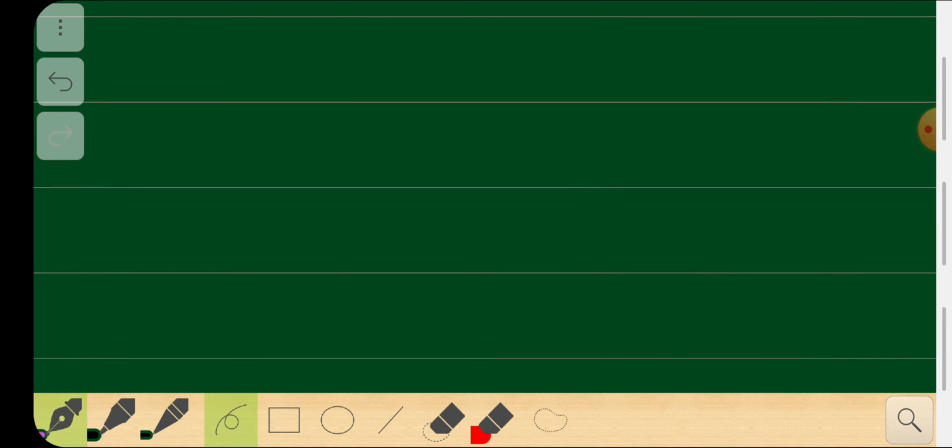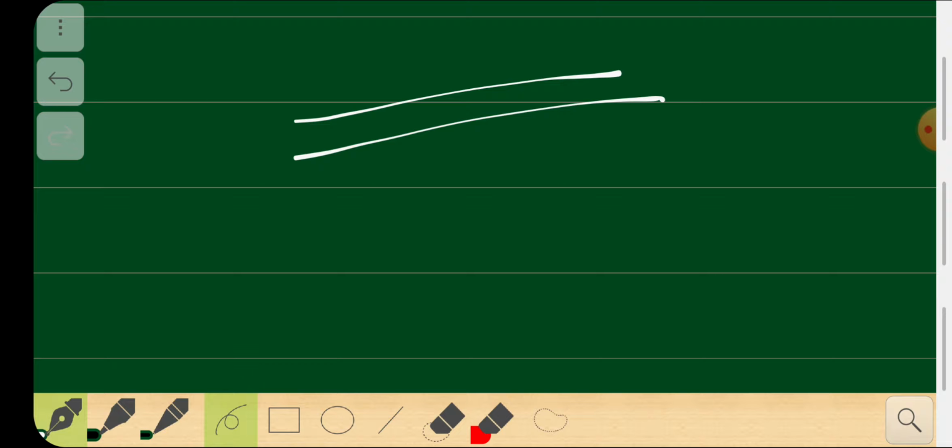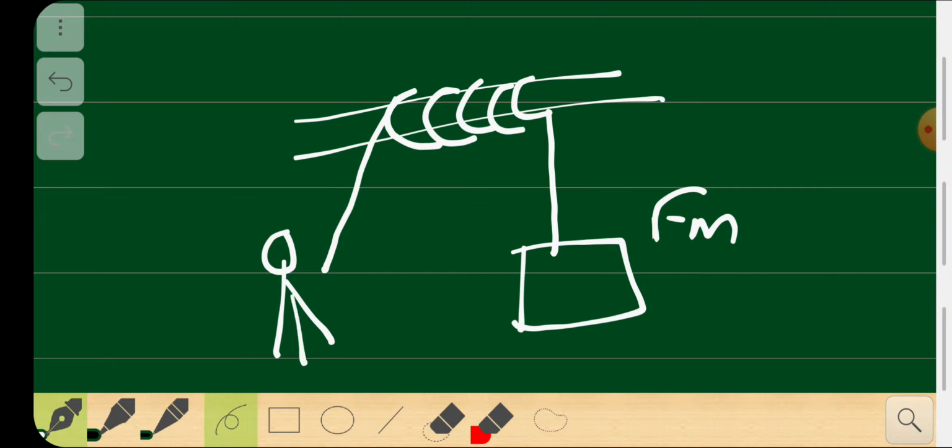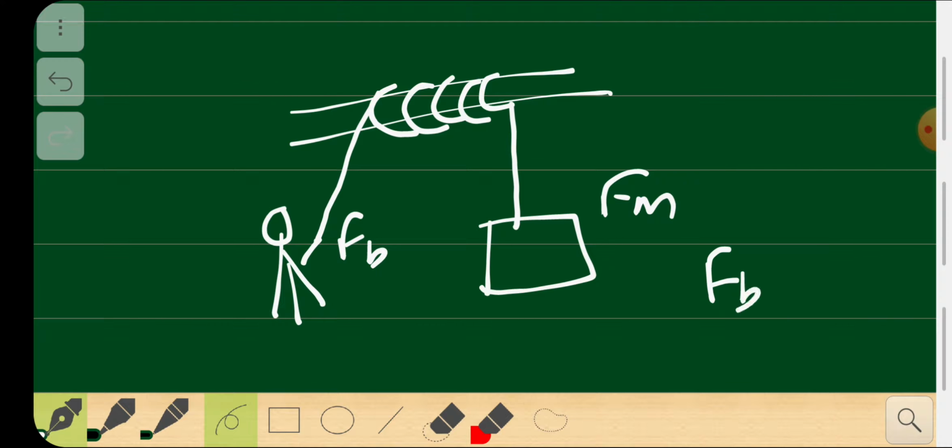There is a pole and a rope falling around it, and you can hold a mass as heavy as 100 or 1000 kilograms, and a person can hold it on the other side with some force, say F of boy. So F of boy is much smaller than F of M.